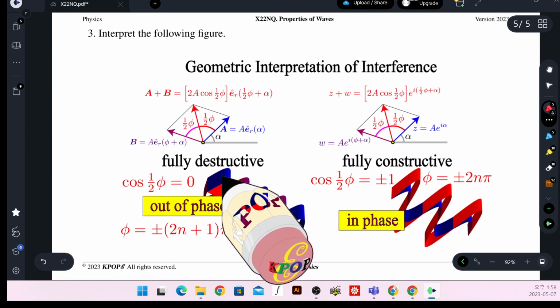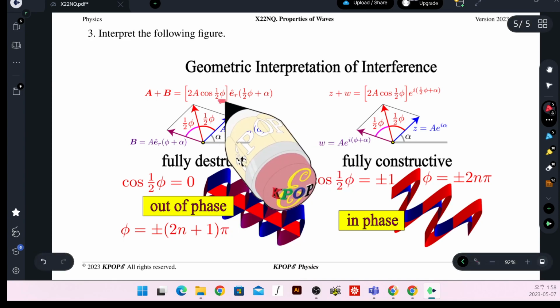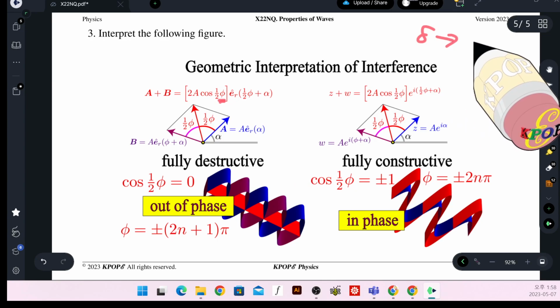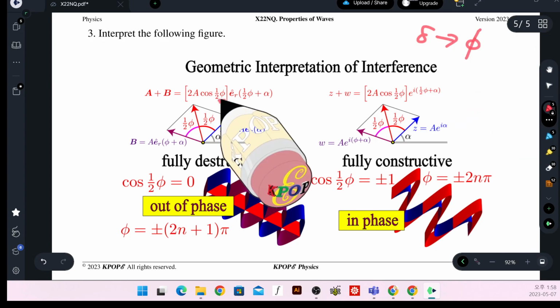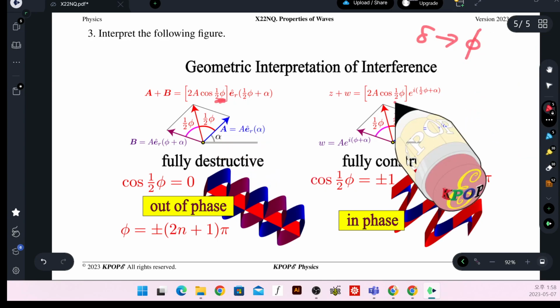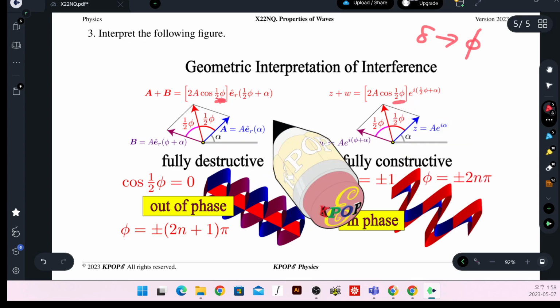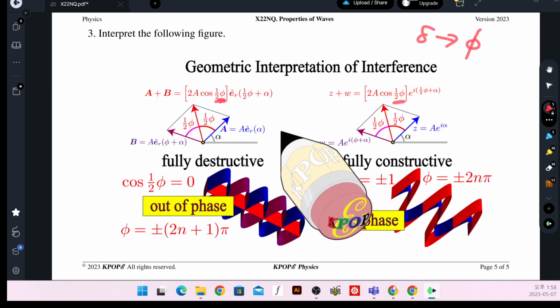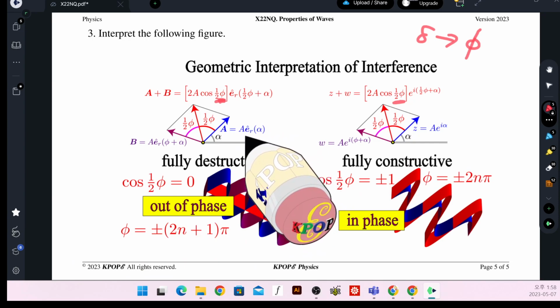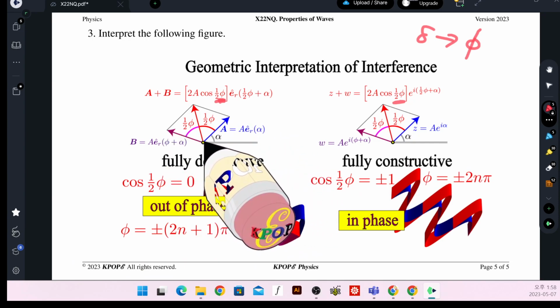Interpret the following figure. Yes, depending on this phase difference, now delta is replaced with phi. 1/2 of phi appears in the case of two-dimensional vector addition.